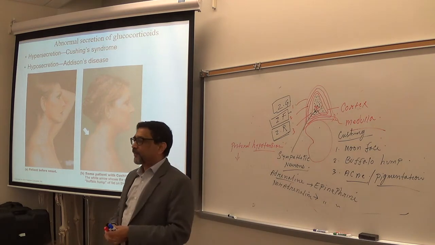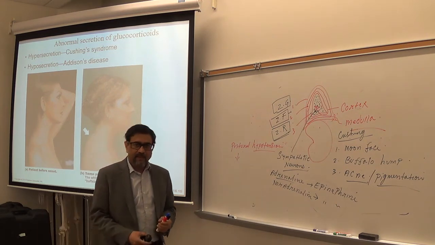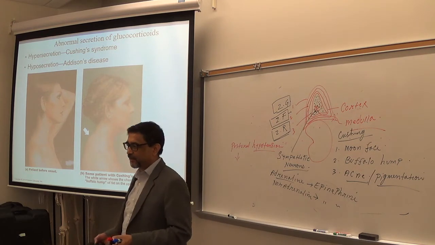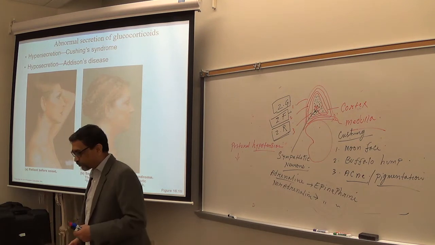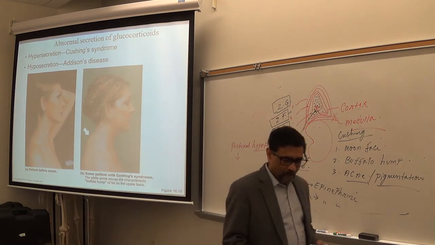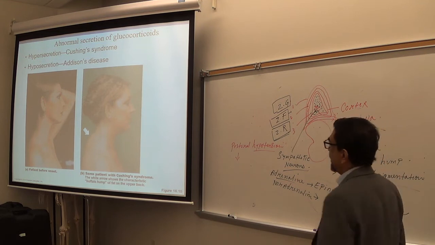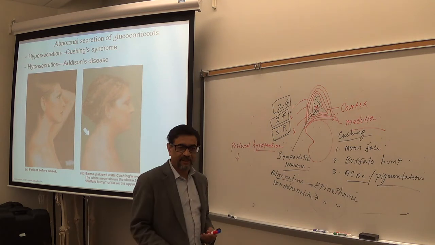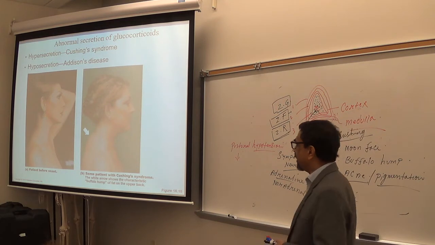Another symptom is fatigue, the person gets very tired. So just know that those are the clinical conditions related to glucocorticoids. Hypersecretion causes Cushing syndrome. Prolonged hyposecretion can cause Addison's disease.